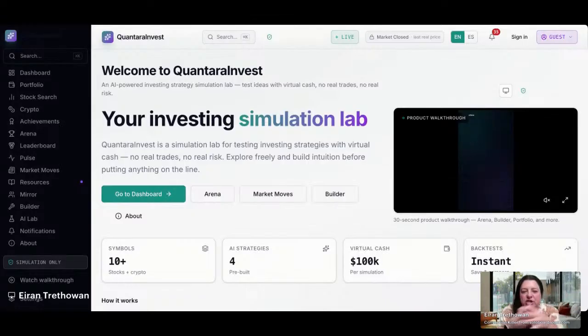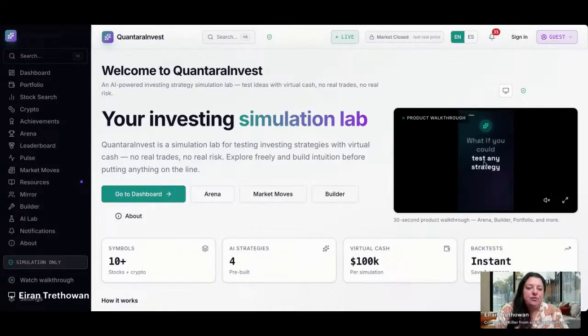There is no pay structure yet, but it does have a little bit of, this is what we do. And it's an investing simulation lab. That's very clear. Quantara Invest is a simulation lab for testing investing strategies with virtual cash. So it's telling us what it is straight up. No real trades, no real risk, exploring freely and build intuition before putting anything on the line.